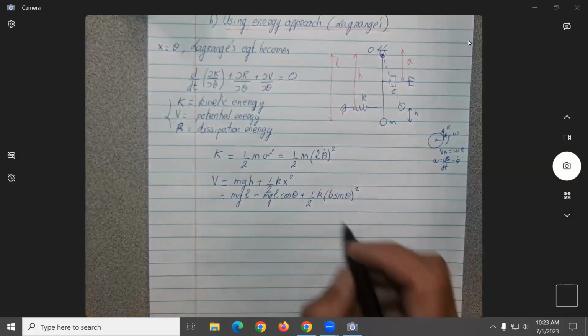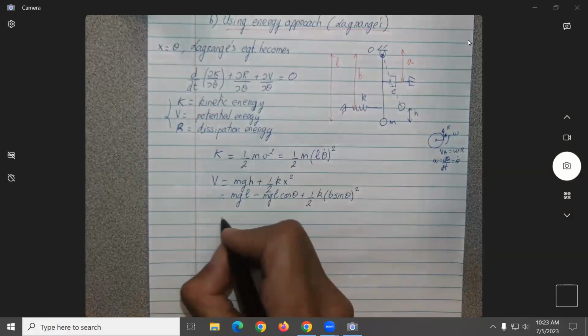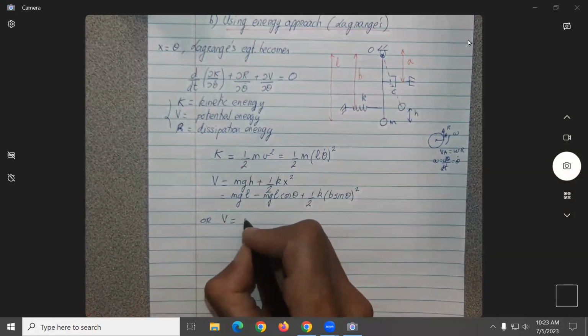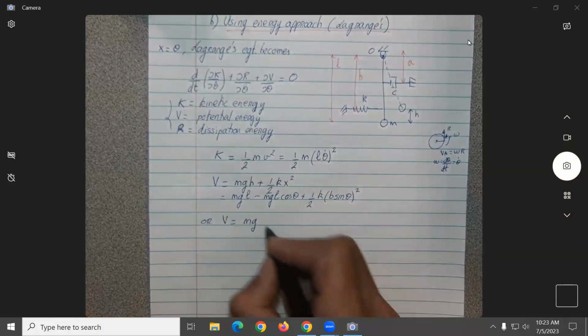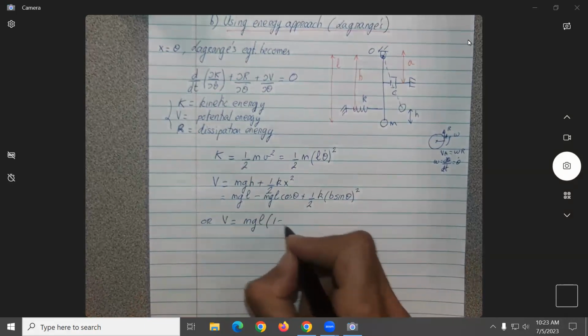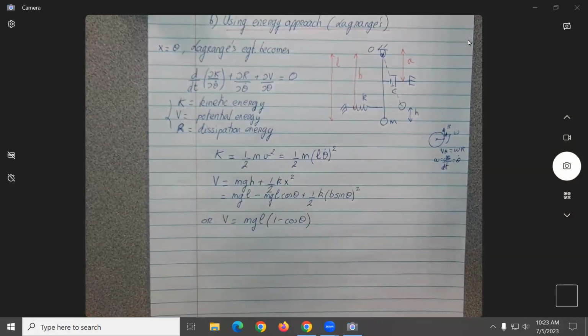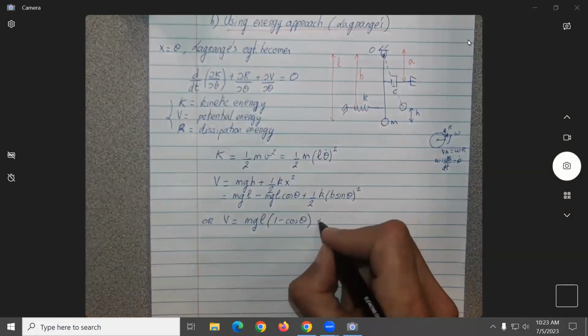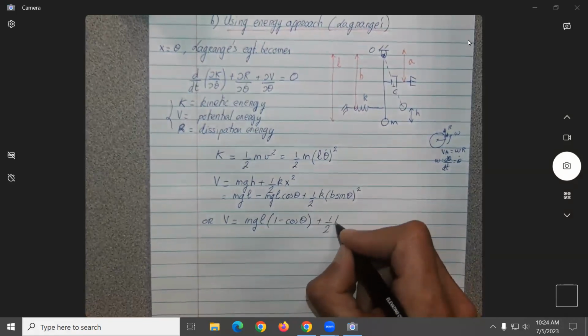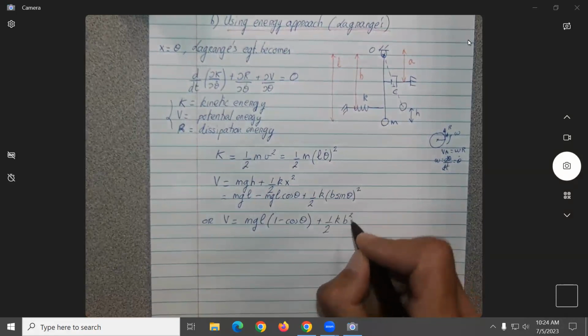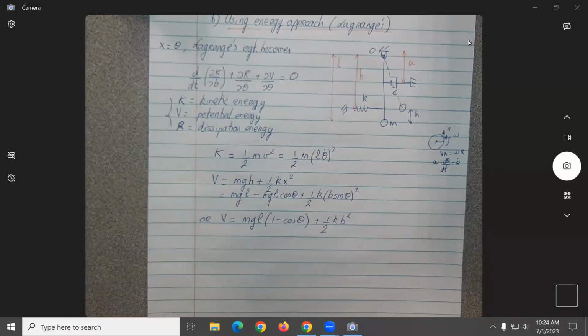So basically, what do we have here? Or V, we can say V will be equal to what? mgL(1 minus cosine theta) plus 1/2 k d squared.